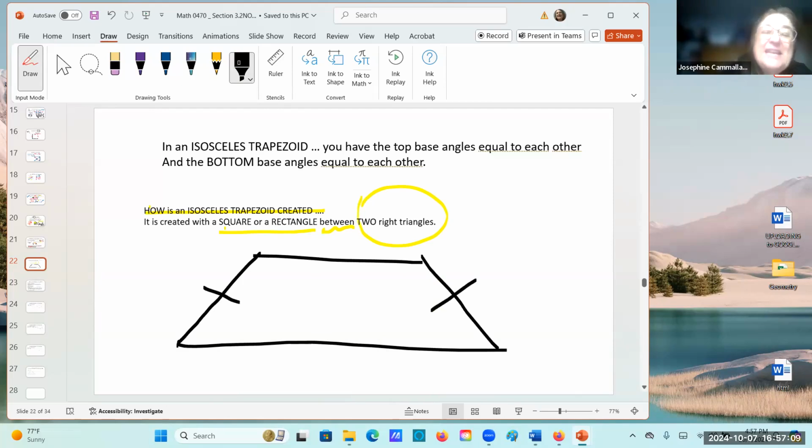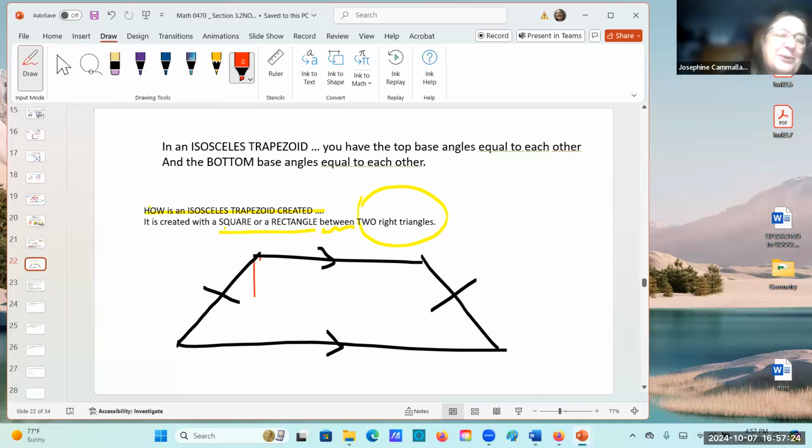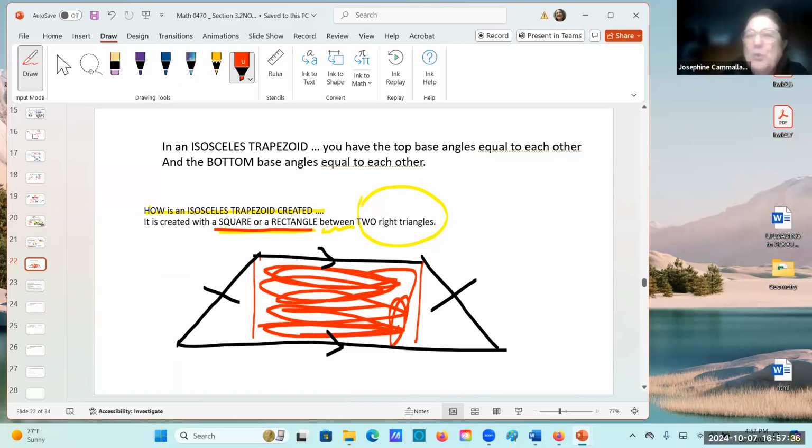This is known as an isosceles trapezoid. Inside here, between these two orange or red lines, this is my square or rectangle.